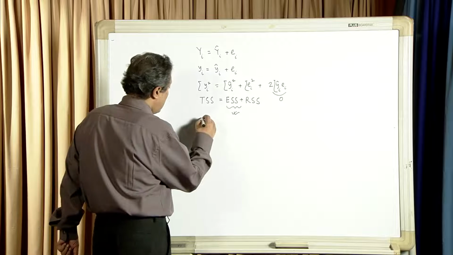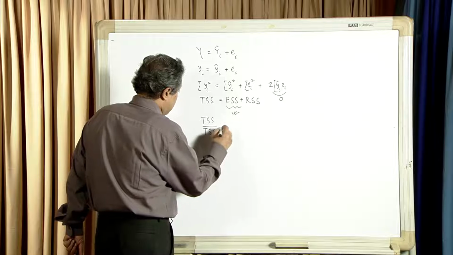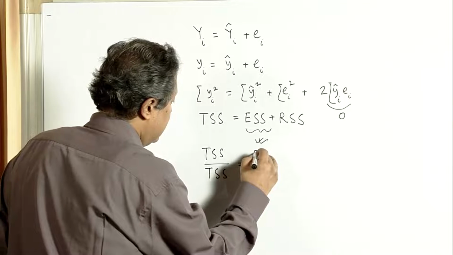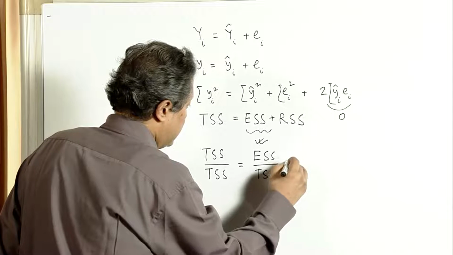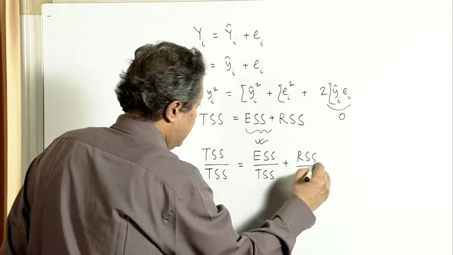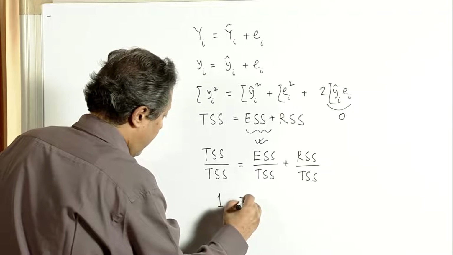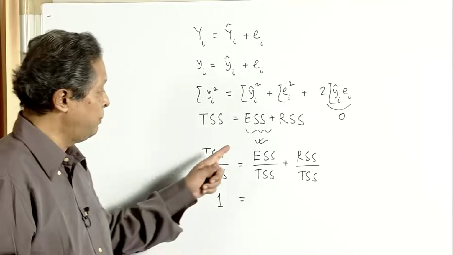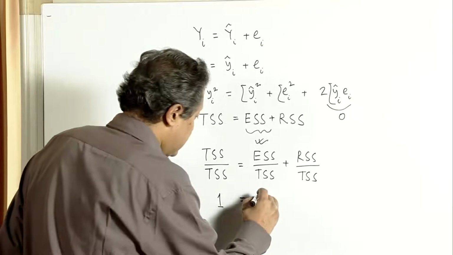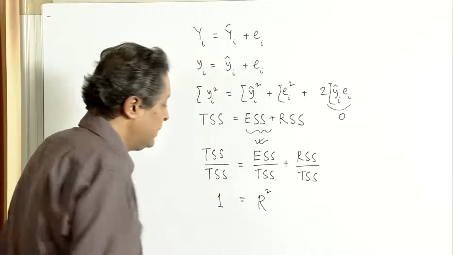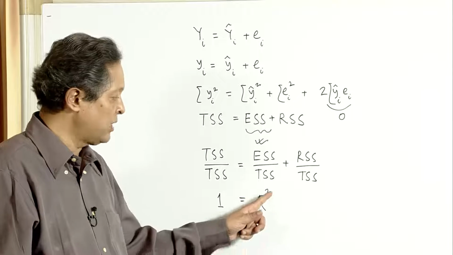So, if we divide throughout by total sum of squares, then we write this as TSS by TSS is equal to ESS by TSS plus RSS by TSS, or on the left hand side we get 1, and the ratio of explained sum of squares to total sum of squares is known as the coefficient of determination. The notation is capital R square.